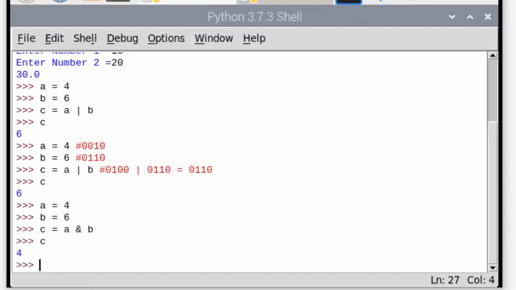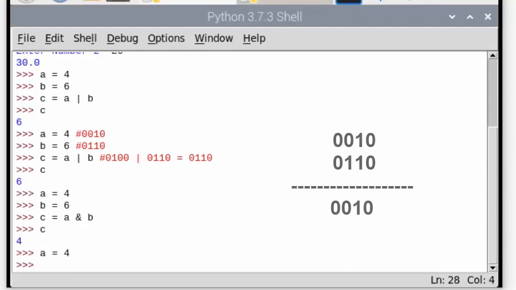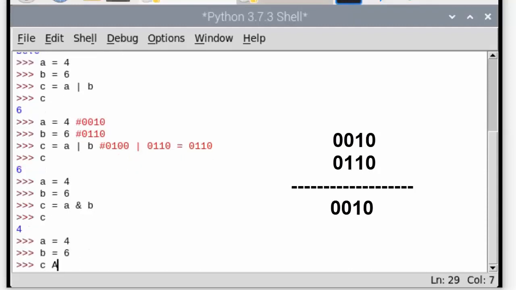You also have XOR. If I write A equal to 4, B equal to 6, and C equal to A XOR B, now tell me what will be the answer. Answer will be 2. Why is the answer 2? Can anybody tell? In the XOR operation, when both the bits are the same, output is 0. Here the first bits are both 0, so it is 0.